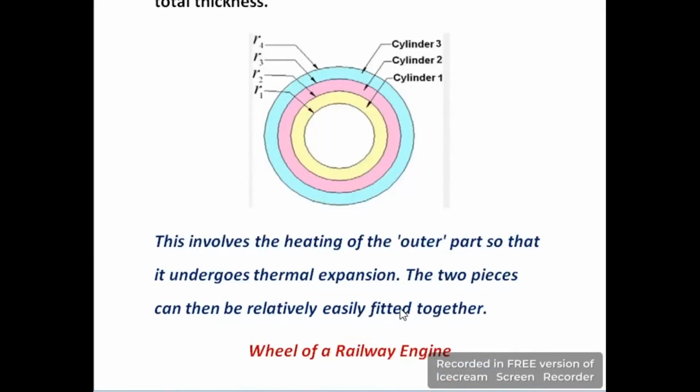These are joined with the help of heating, and after heating, thermal expansion takes place, and with the help of this expansion we cover one cylinder with another cylinder, and different cylinders are joined together by using thermal expansion. If we take an example, the wheels of a railway engine are formed by this method.